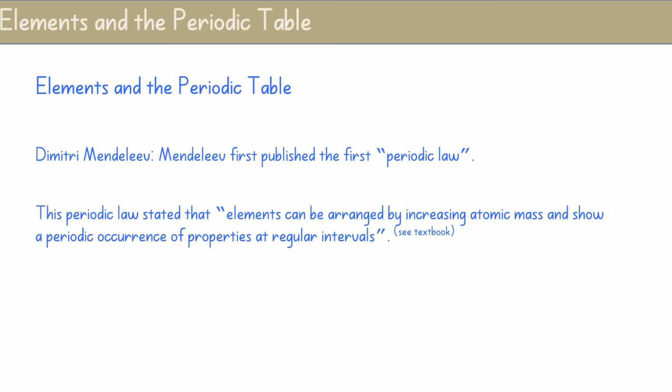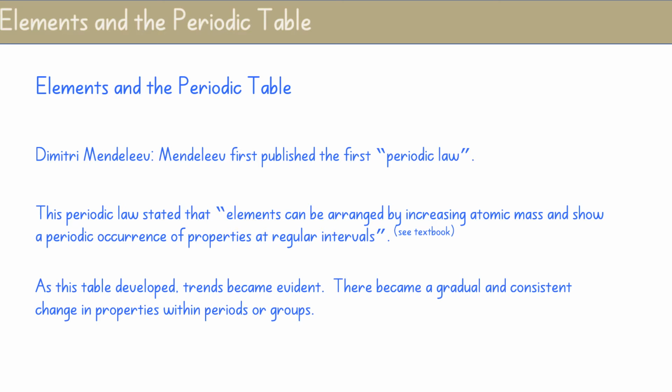This is provided in our textbook. As this table developed, trends became evident. There became a gradual and consistent change in properties within what was called rows or periods and columns called groups.